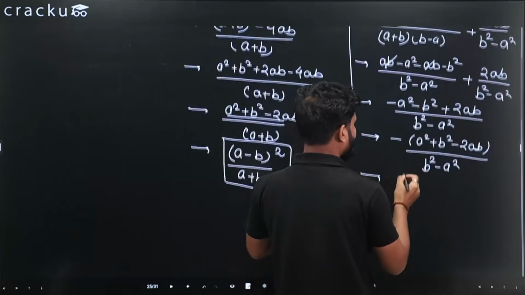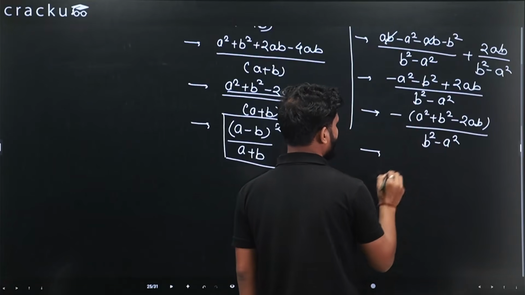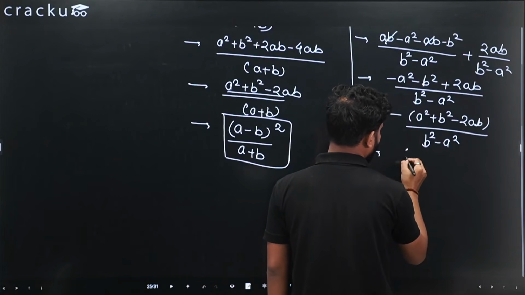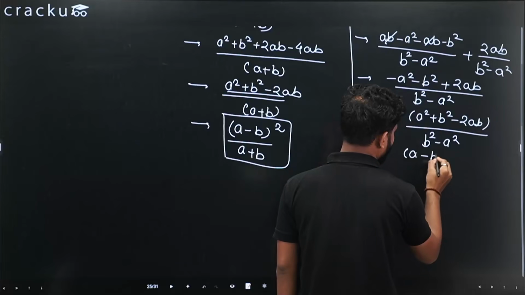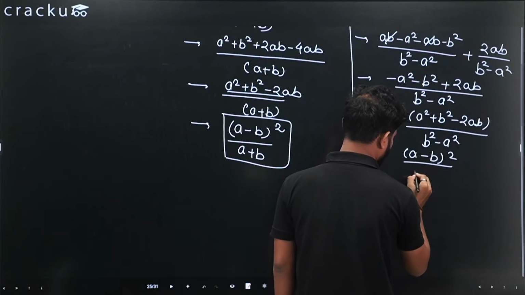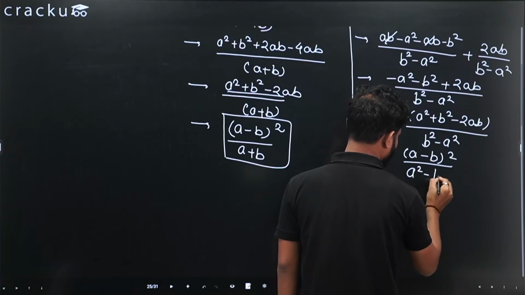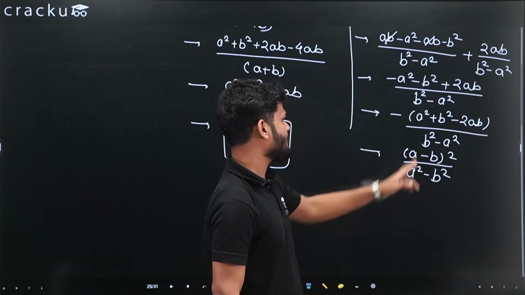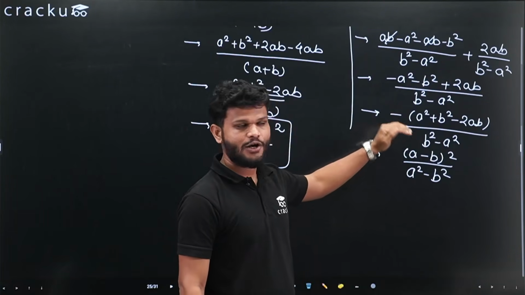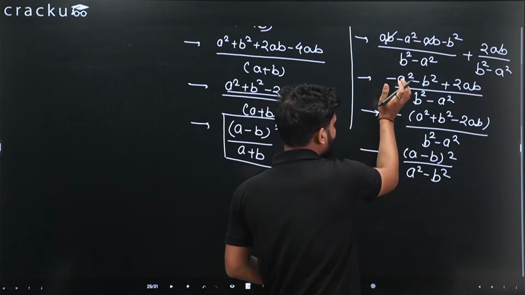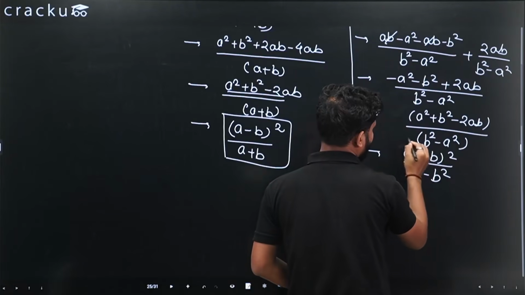If I multiply by minus sign on numerator and denominator, I will get A minus B whole square upon A square minus B square. What did I do? If I multiplied numerator and denominator by minus, the minus minus will get cancelled, and here it will be minus.